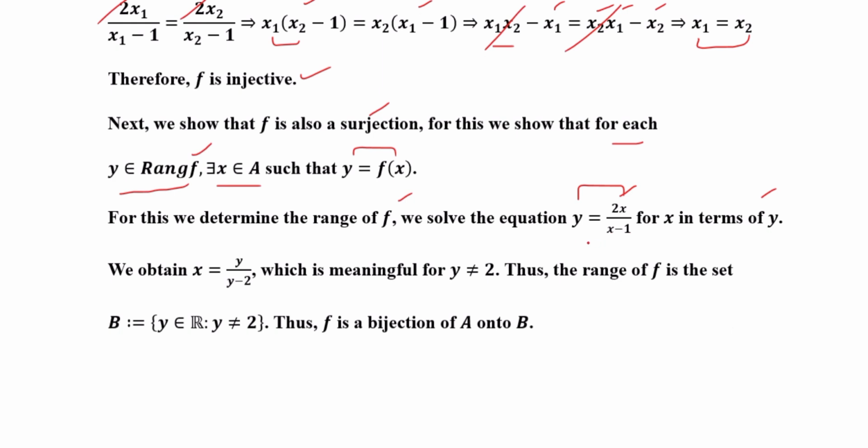So from this expression, when you solve this equation for x in terms of y, we find x is equal to y over y minus 2, which is meaningful for y not equal to 2. That is, this expression does not hold for y is equal to 2. Thus the range of the function is all those real numbers except y equal to 2.